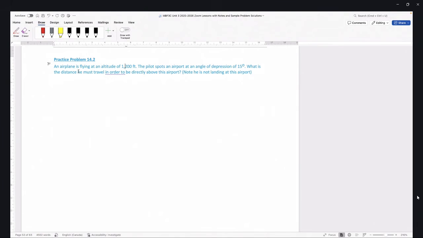Okay, so let's get back over here. So he's flying an airplane and is at an altitude of, so altitude means how far off the ground he is. So let's draw a diagram. I'll use black again. So again, I'm not very good at drawing, so let's go, an airplane's got a tail on it, like that. That's not very good. Let's try that again.